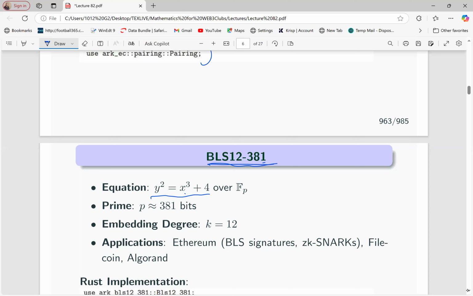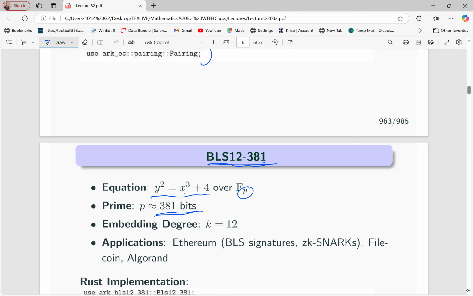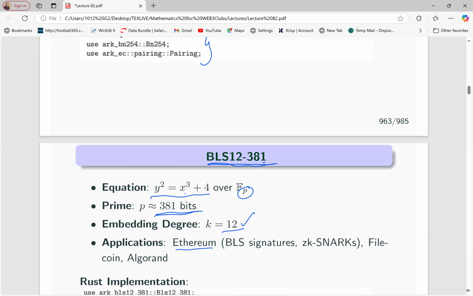But now, the p there is 381 bits. And we have the embedding degree, which will be 12. And again, this can be applied in Ethereum, in BLS signatures, ZK-SNARKs, and Filecoin, and even Algorand.